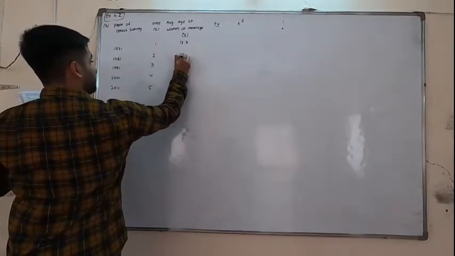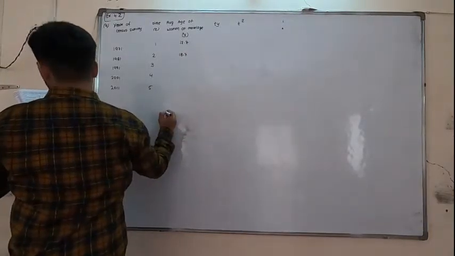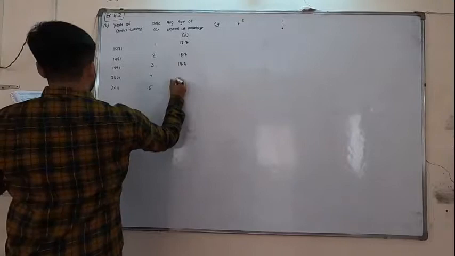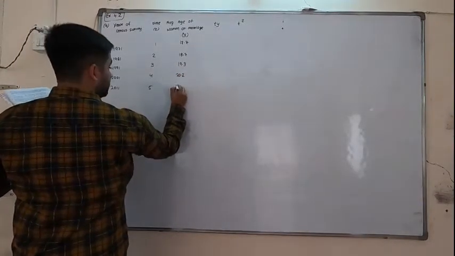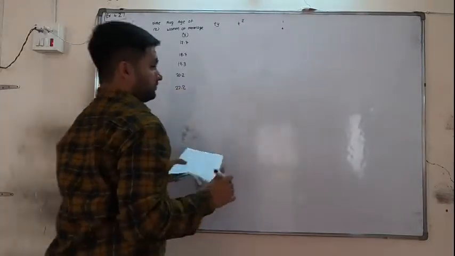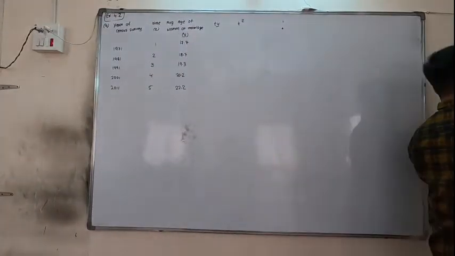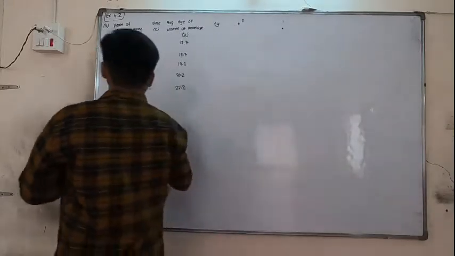The y values are 17.7, 18.7, 19.3, 20.2, 22.2. So now I'm drawing the lines.